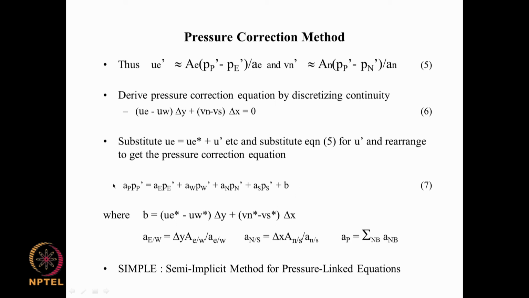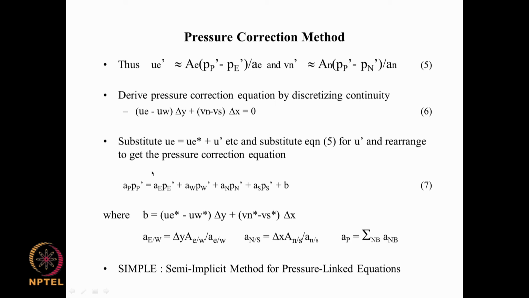So, if you look at this equation here, B is known, and the coefficients A N, A W, A capital E, these can be determined as part of the discretization. So, this becomes an algebraic equation for pressure correction at capital P in terms of the weighted sums of the pressure corrections at the corresponding points.